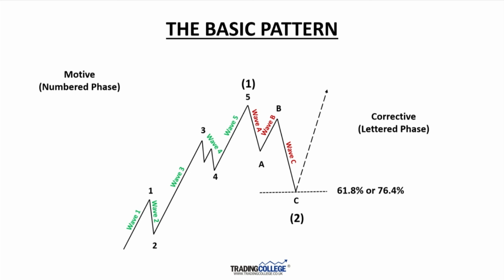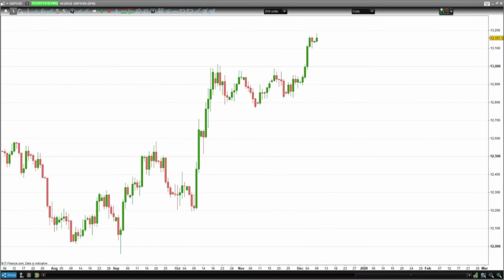And we've got a slide here that, on the next slide in fact, shows you the whole pattern as a whole. But here on this chart, if you looked at it, I think you could quite easily count 5 waves up. Take the major peaks and the major lows. Don't worry about those little candlesticks in between highs and lows.